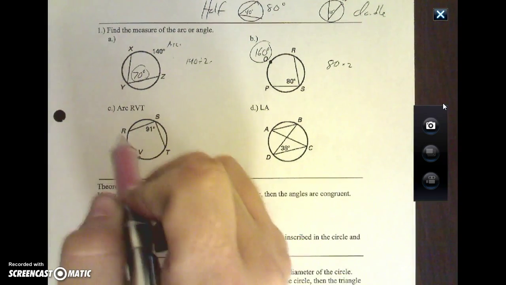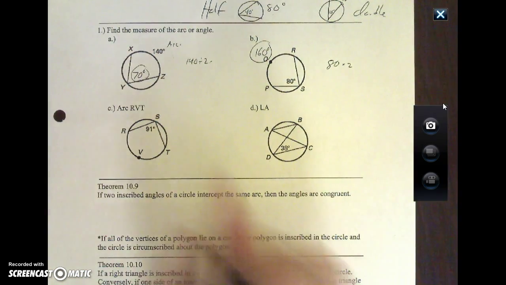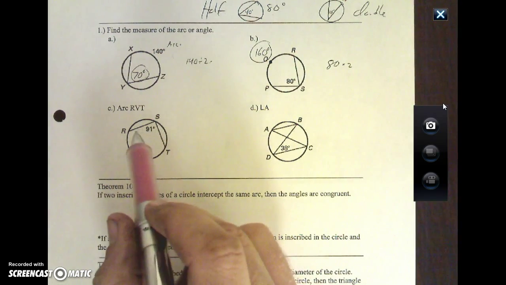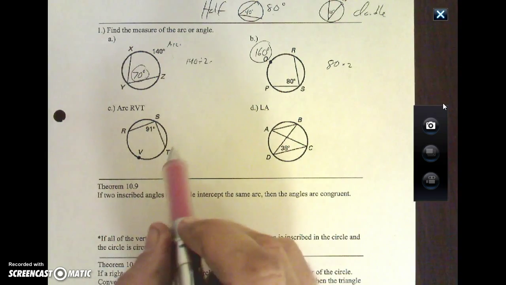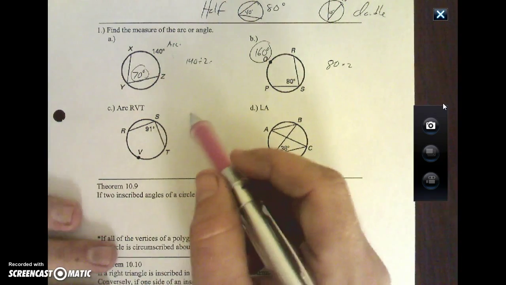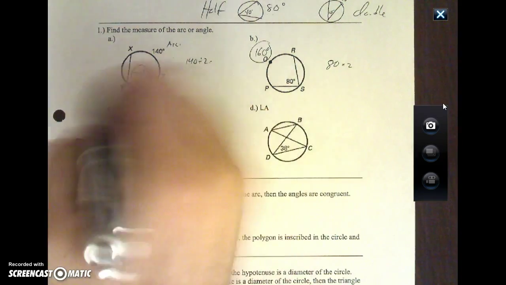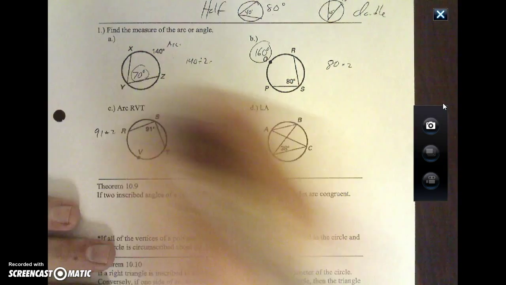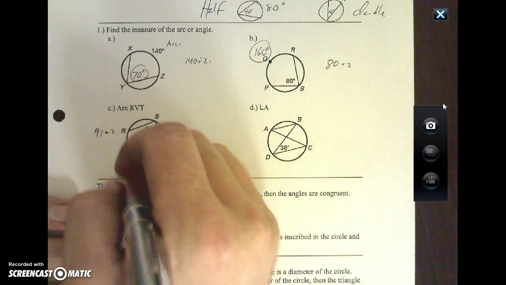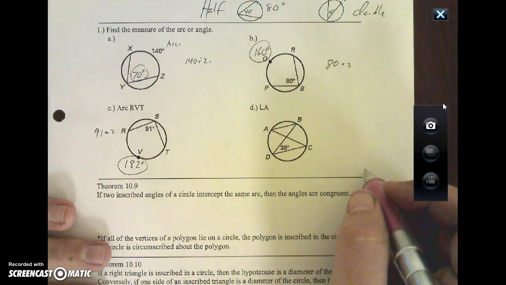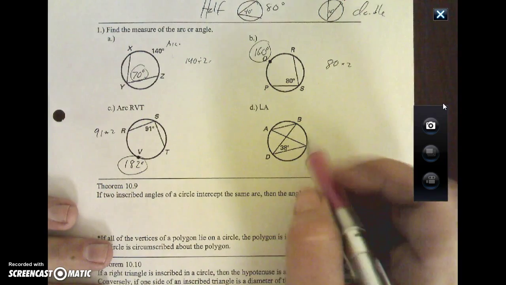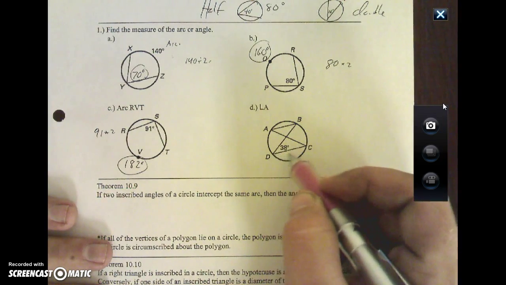Good. Part C, arc RVT. Oh, sorry. They want us to find this particular arc. They're telling us the inside angle RST is 91 degrees. So 91 times 2, 182 degrees. Okay. And lastly, this one's kind of interesting. They're telling us this.